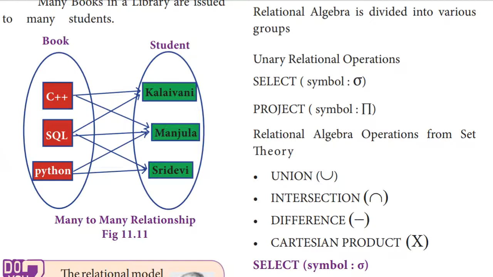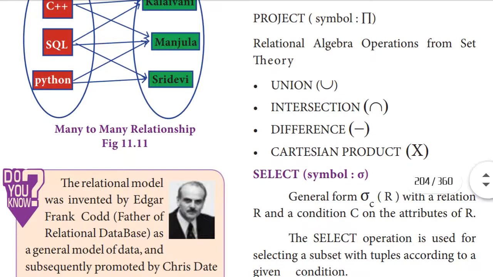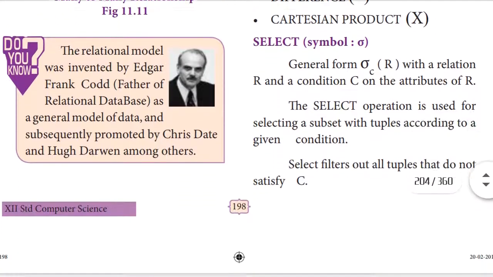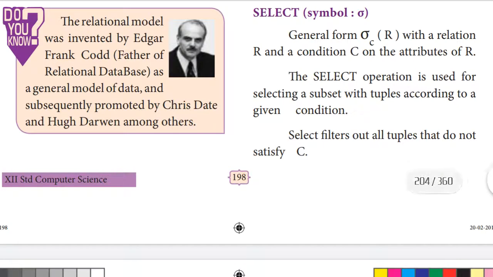Okay, so first we are going to see select. Select means we are selecting particular data from the relation, that is, particular data from the table. See here how to use the select symbol. We have to write the general form. We write the select symbol, below that we write C, which we can call the subscript, and then an open bracket, R, then a closed bracket.